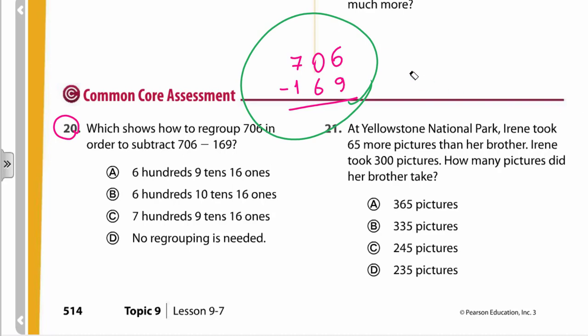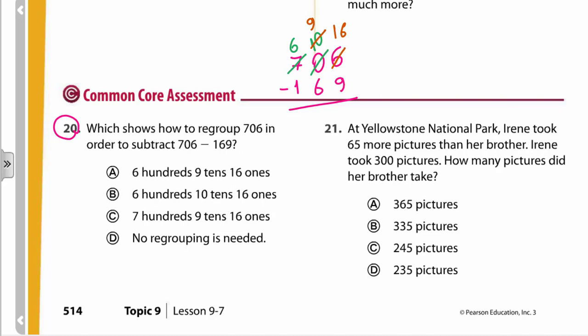6 minus 9 cannot be, and the 0 cannot give us 1 either. So the 7 will be 6, the 0 will be 10, then it will be 9 because we give the 6 a 1, it will be 16.